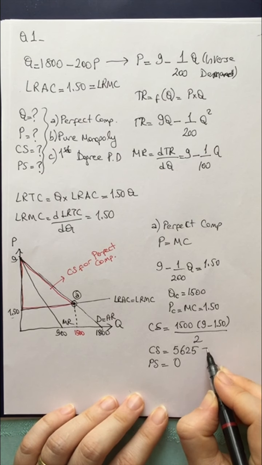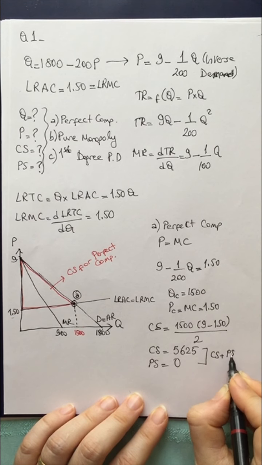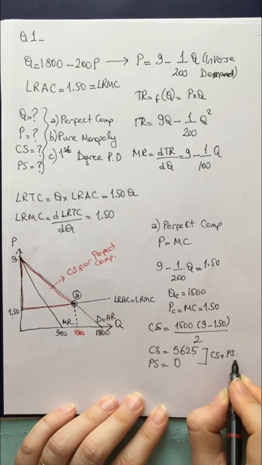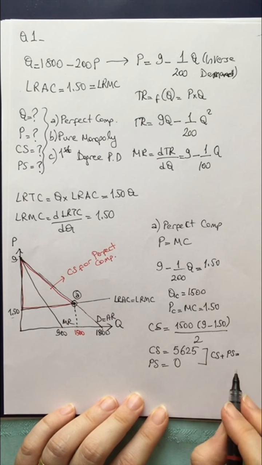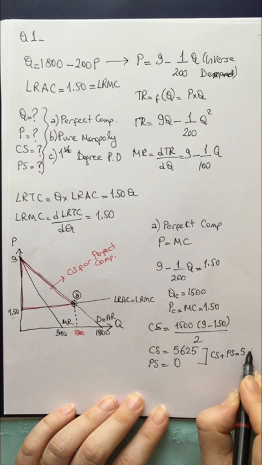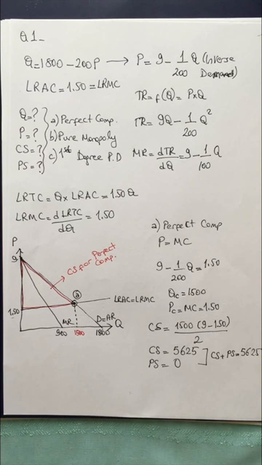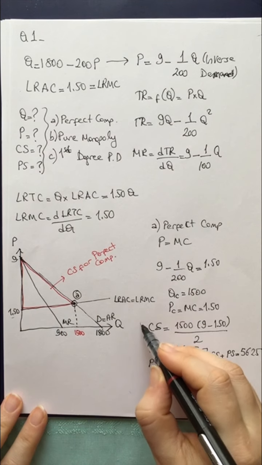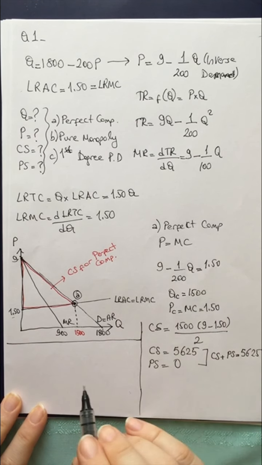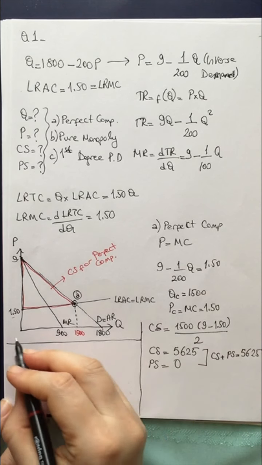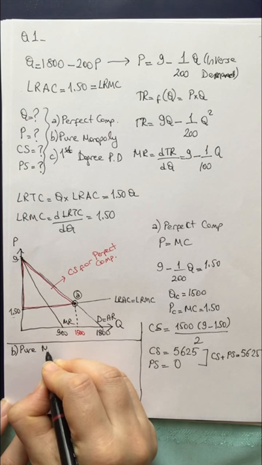In that case, the sum of consumer surplus and producer surplus, which gives us the welfare in the market, will be just equal to the consumer surplus, which is 5,625. Now let's turn to question B. What will happen if this market works as a pure monopoly? Question B is the pure monopoly.